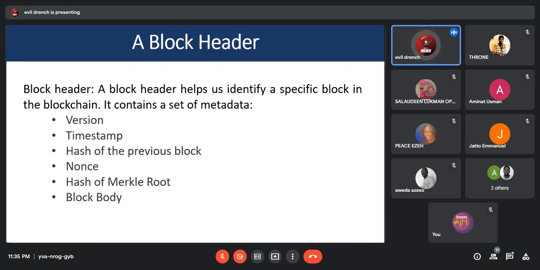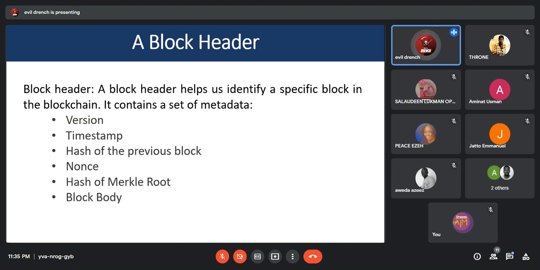So the block header helps us identify a specific block in the blockchain. That is, it contains a set of metadata. The first piece of metadata it contains is the version of the smart contract or the blockchain.